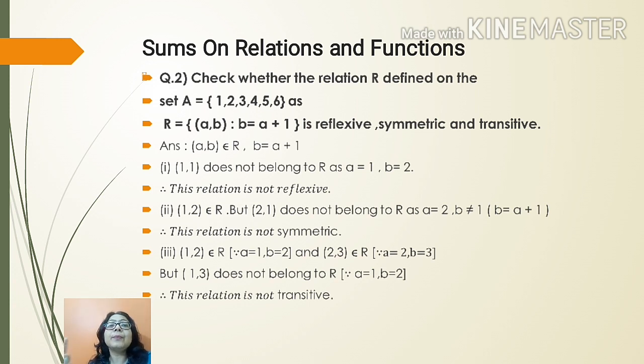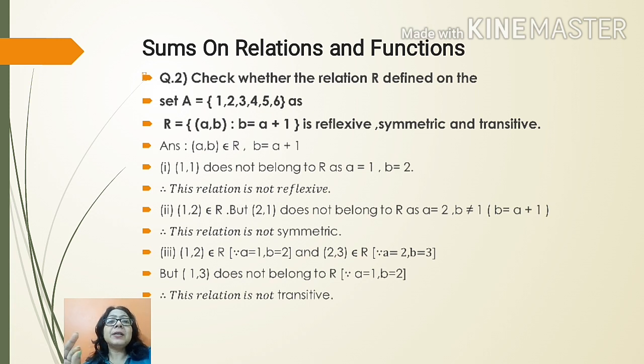So if a is 1, then what is b? 1 plus 1 is 2. So what are the ordered pairs of the relation R? It is (1, 2), then (2, 3), then (3, 4), then (4, 5), then (5, 6), and (6, 7), up to this much.